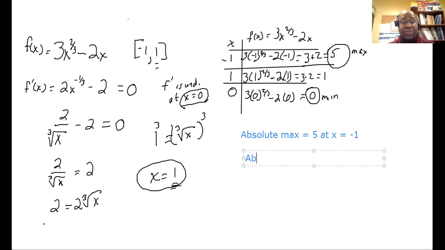And then we have an absolute minimum, which is equal to 0 at x equals 0.